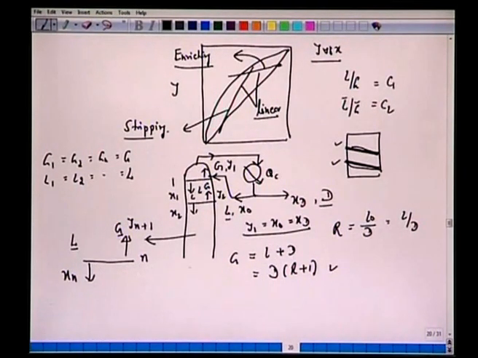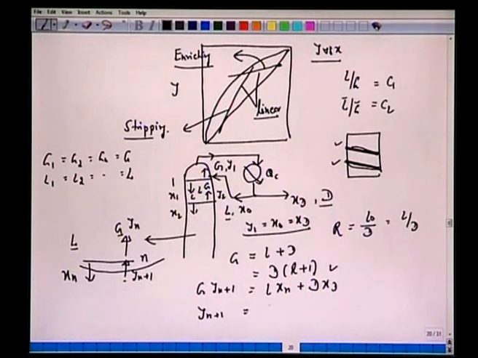If we now make a total species balance, we have G yn plus 1 here, and here we have just xn. So we are taking this envelope of this stream and this stream: G yn plus 1 equals L xn plus D XD, and then we have yn plus 1 equal to L over G xn plus D over G XD.